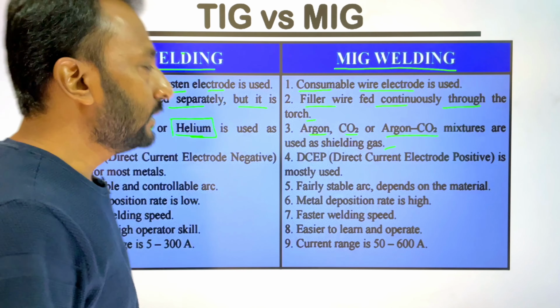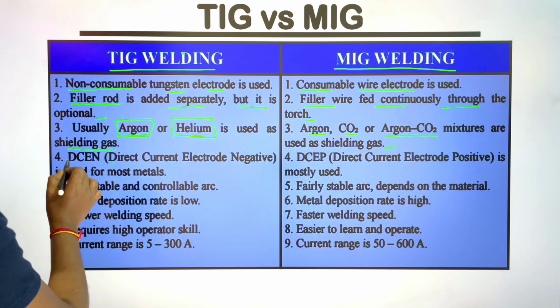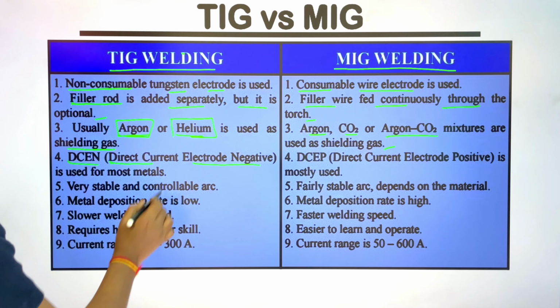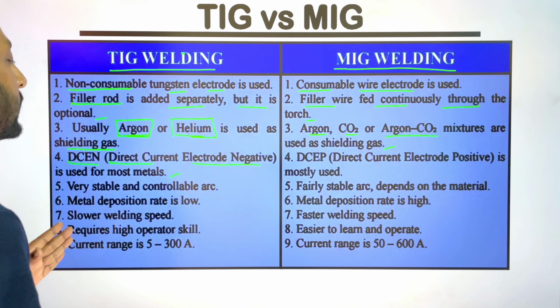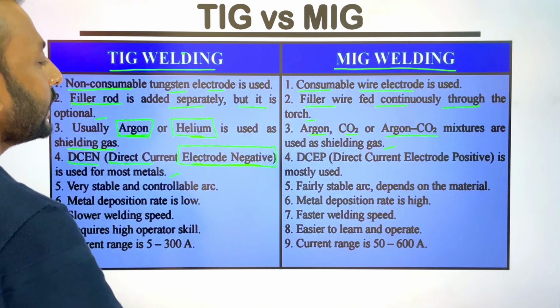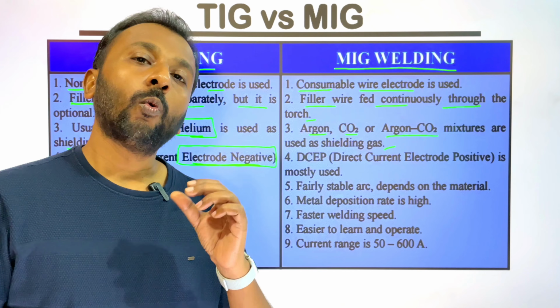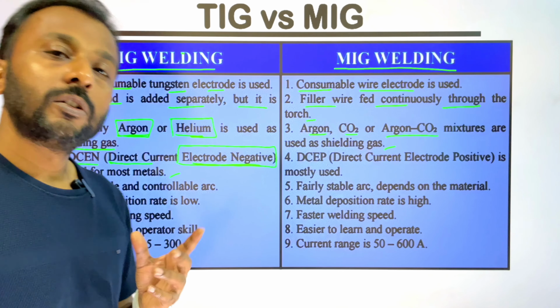This is another difference. In TIG welding, the polarity is DCEN, direct current electrode negative, for most metals. So in most cases the electrode is negative, which means the workpiece is positive. So here the workpiece will melt faster because the electrode is non-consumable.